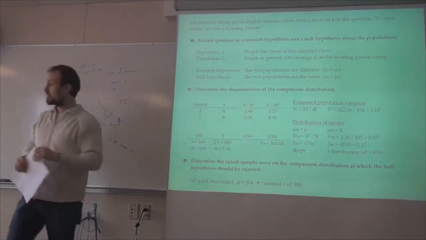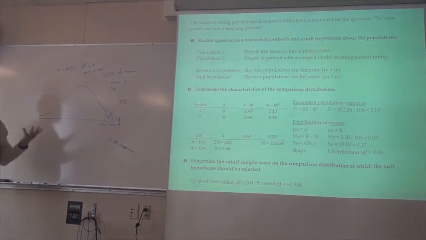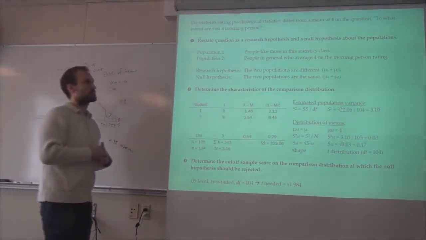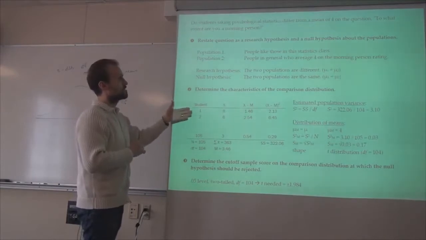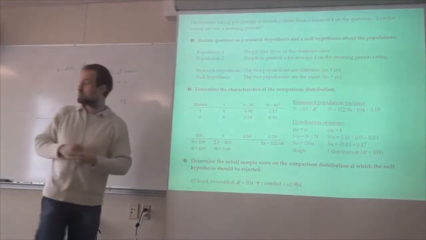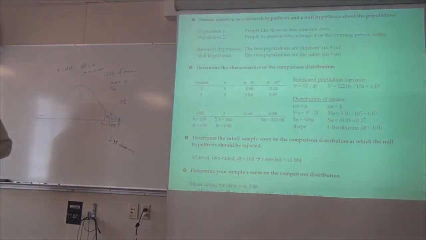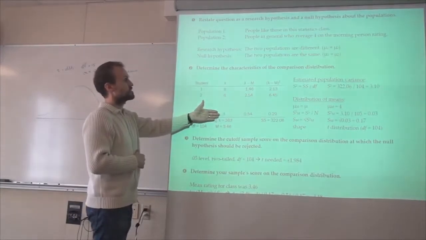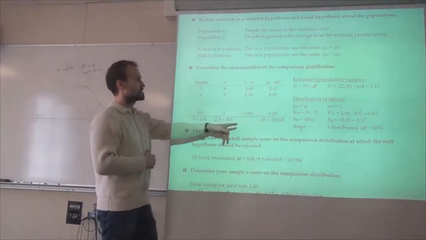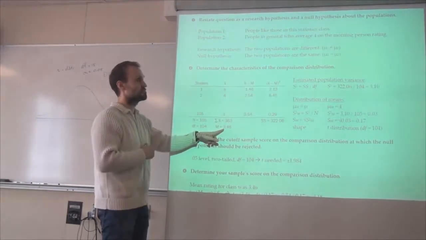So I don't know the variance again. I have no idea how much variability there is around that average of 4. So I'll take a sample of 105 students, a much bigger class than this one. They give their ratings to the question, and I get the sum of squares, and I get an average of 3.46, a little below.